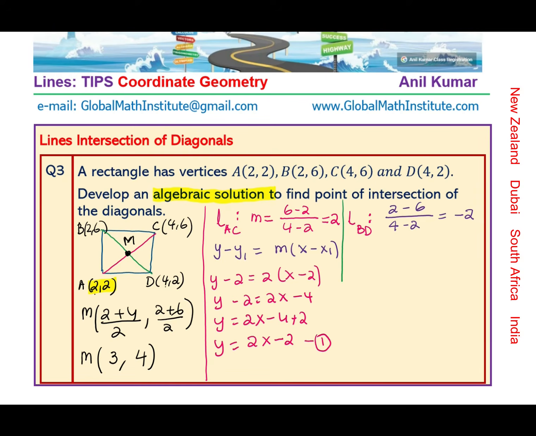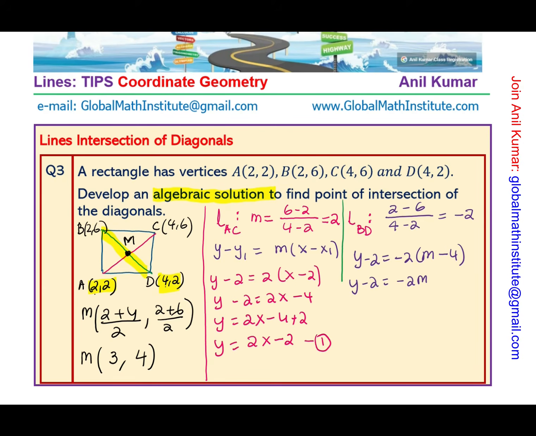The second line, let's find that equation. Let's take (4, 2) as the point for the other diagonal. So y value is 2.